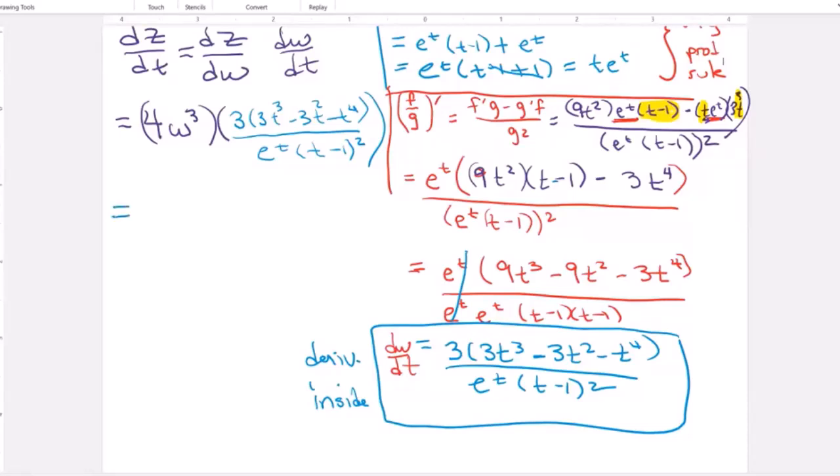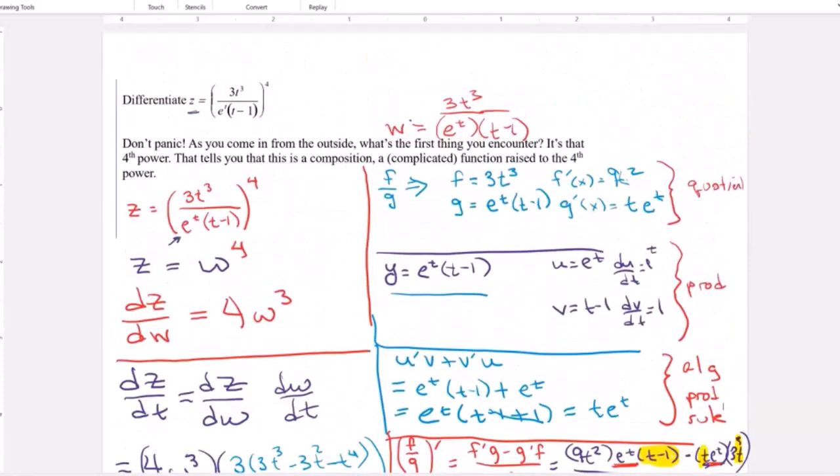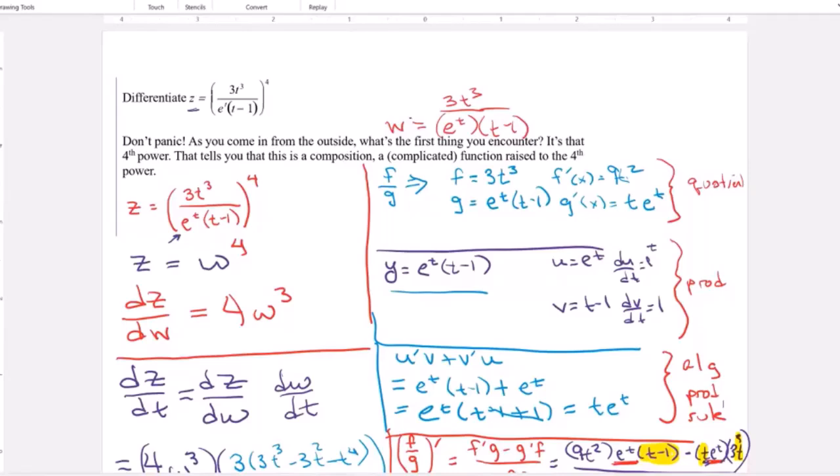This equals 4 times, well, w. I think I'm going to get lazy here and copy and paste.